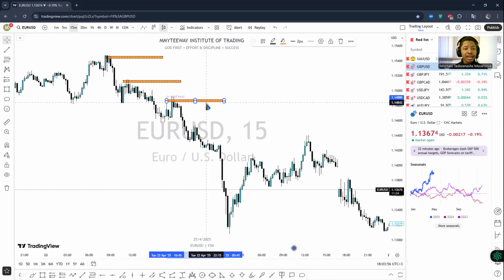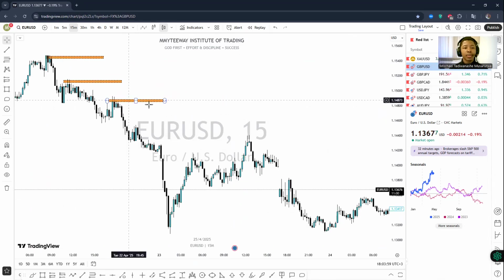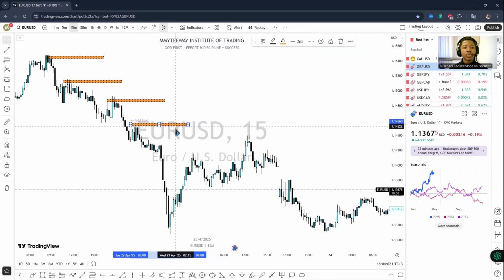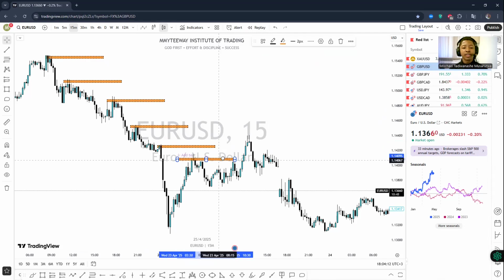When you go back now to the 5 minutes, you see that this will be very influential. So I'm just drawing lower highs until a lower high is broken. So here it was broken though.